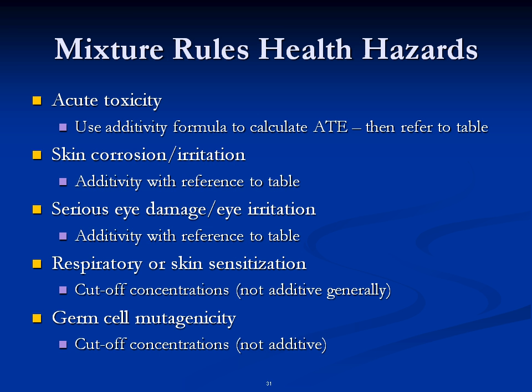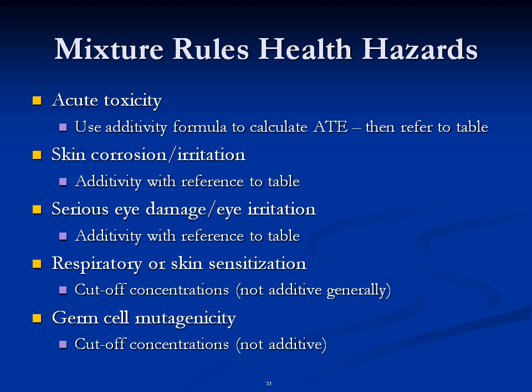So we are adding up all of the skin corrosives, categories 1A, 1B, and 1C, and also category 2. Only category 2, sorry. And then based on the total, we use a table to do the classification. The same thing is true with serious eye damage and eye irritation.